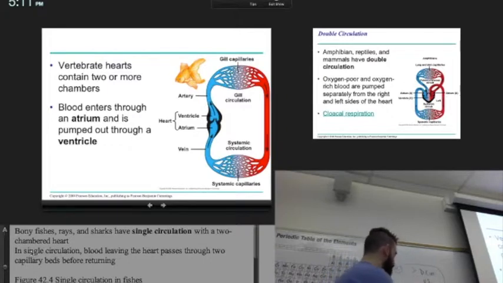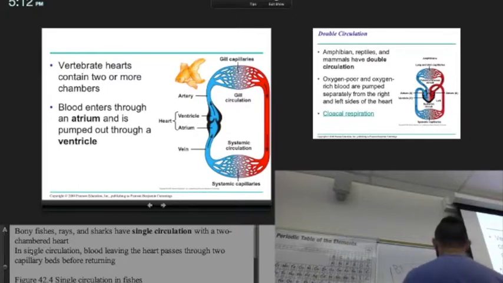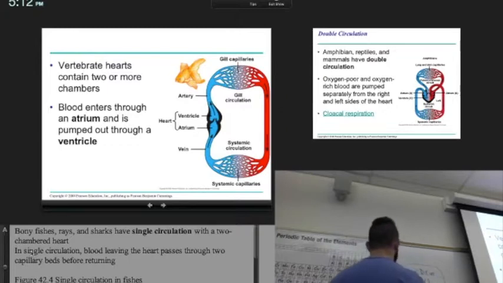Okay, well, here, let's take a look at this. Let me just look at the logic of this for a second. I'm with the 1, so blood pressure should be higher for double circulation than for single circulation. So let's look at single circulation here for a second.